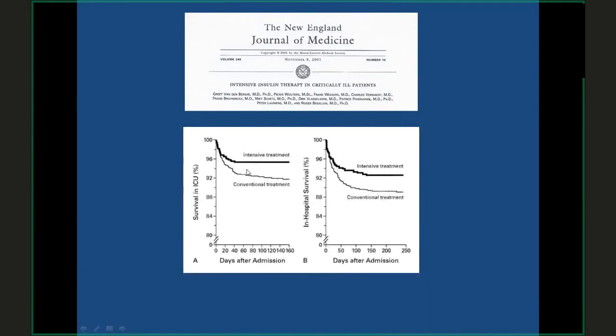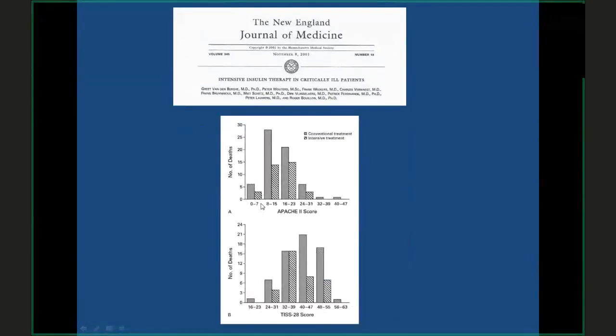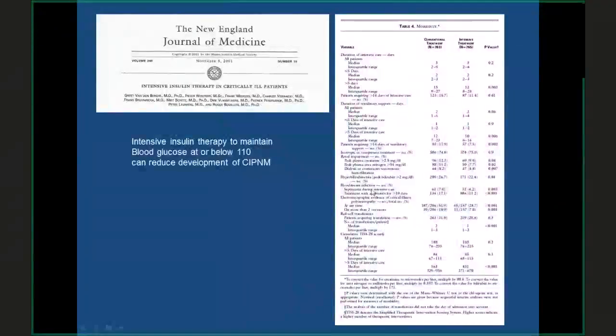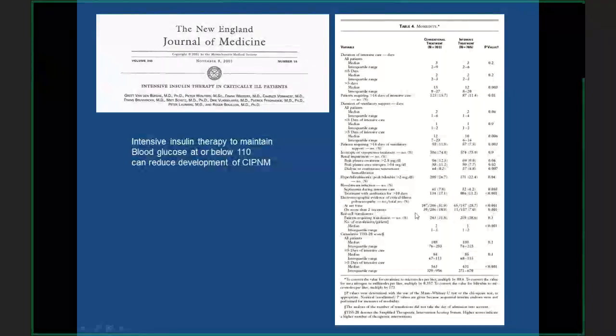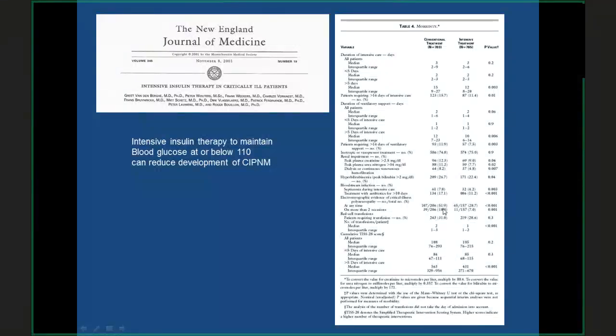This shows that patient survival was better in the intensive insulin treatment group, as shown here. Also, the number of deaths was less. Most important, they did the neuromuscular study, EMG, which shows that 51% of patients in the conventional insulin treatment developed neuropathy, but in the intensive insulin treatment, only 28% of patients developed neuropathy.